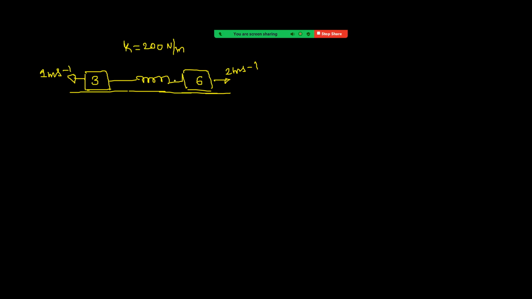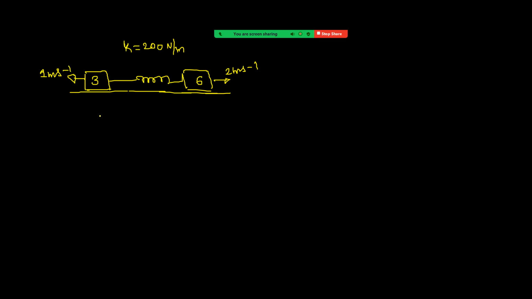To get this one, better we can take center of mass frame, because when we take center of mass frame, the blocks always move opposite to each other. Means direction of their velocities will be always opposite because in center of mass frame, momentum of the system is zero. They must be always opposite, right?